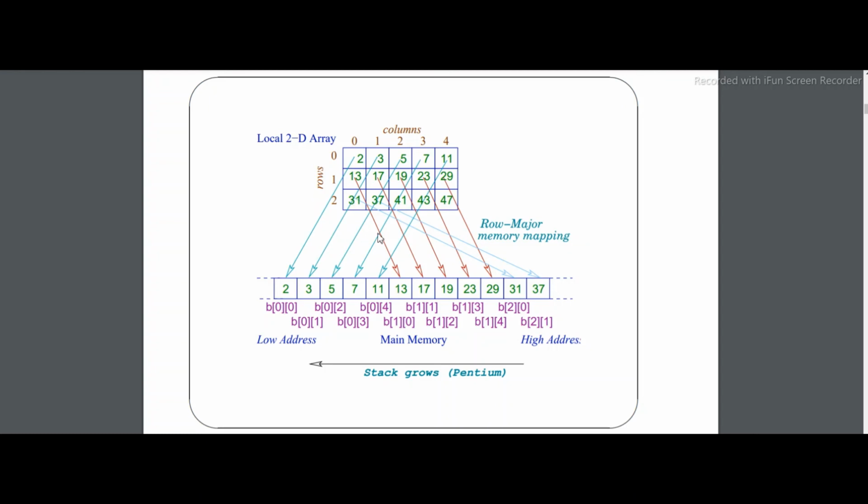So 13 gets mapped here, then 17 gets mapped after 13, and 19 gets mapped after 17, and when the second row is finished, then the third row starts getting mapped into memory.